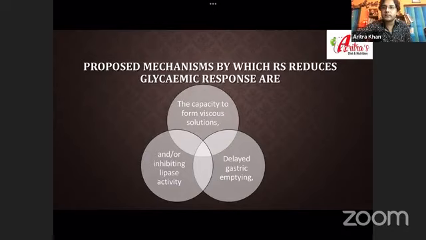Basically these are glucagon-like peptide, GLP-1, and peptide YY. Studies suggest that the proliferative effect of resistant starch consumption enhances the insulin activity and sensitizes the insulin role, and also reduces ectopic adipose tissue and regularizes adipogenesis.